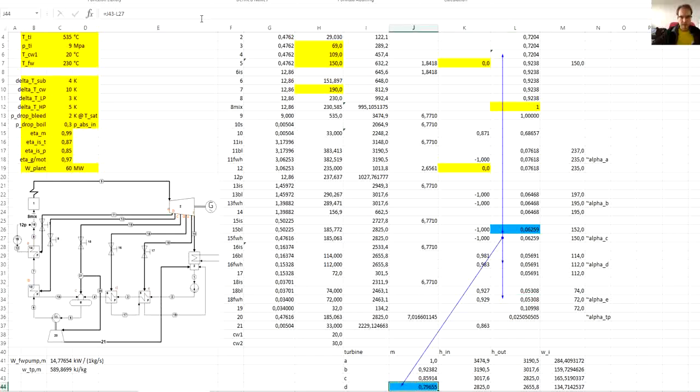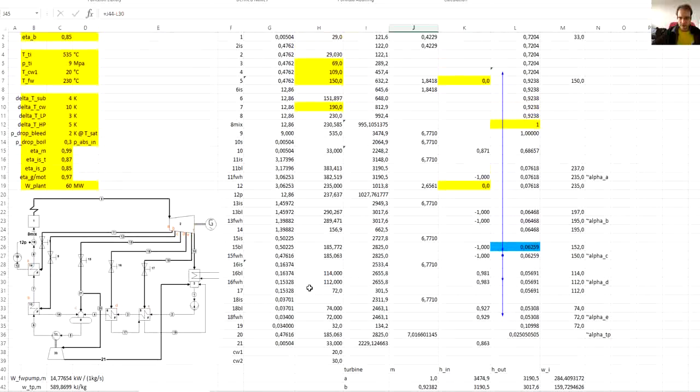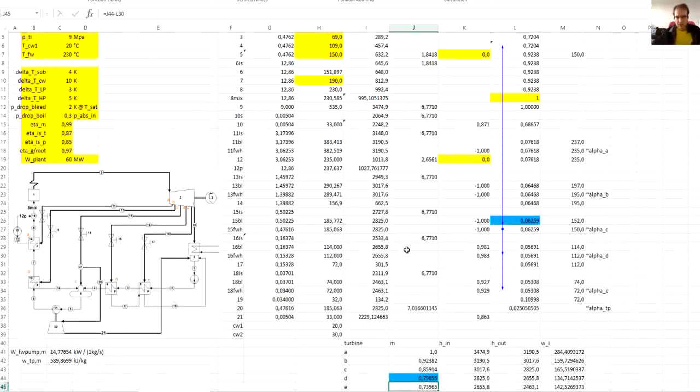And for the turbine, the mass flow rate in specific turbine sections. So here we should subtract all the steam that we take out of the turbine, not just the one for the feedwater heater. So it ends up like this. And now finally this stream number 15 is not just the 15 mass flow rate alpha C going to the feedwater heater, but also the mass flow rate going to our small turbine running the pump.